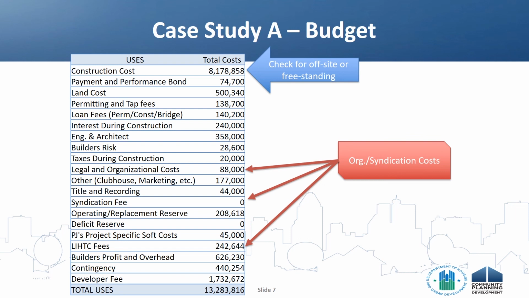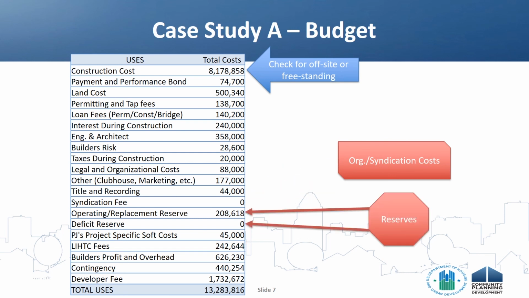Maybe those are embedded in the low-income housing tax credit fees line, rather than being called out separately in the line for syndication fees that right now is showing a 0. There are also some reserves. It looks like some combination of operating and capitalized replacement reserve deposits are included, so we need to exclude those as well.